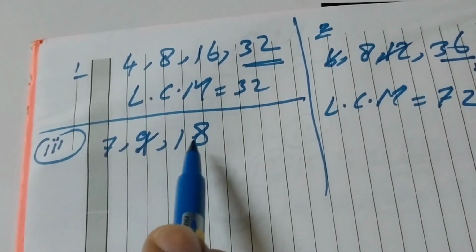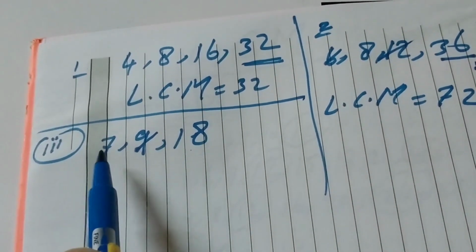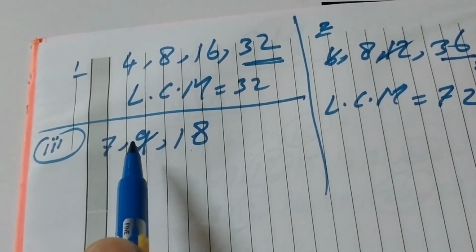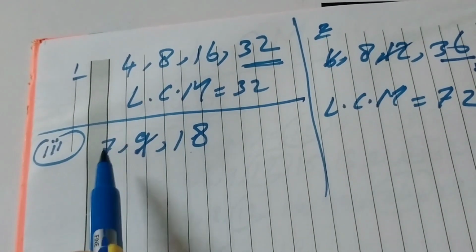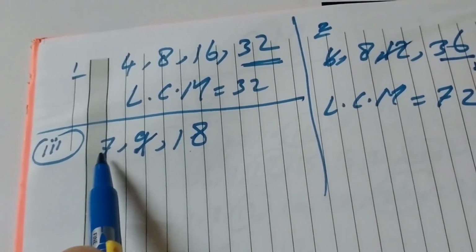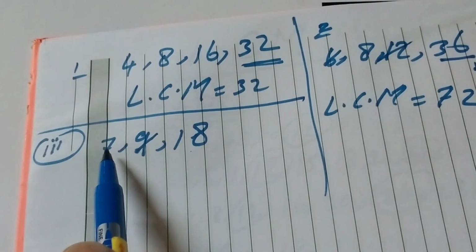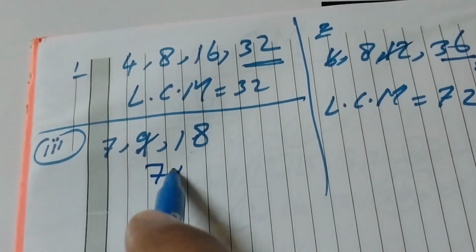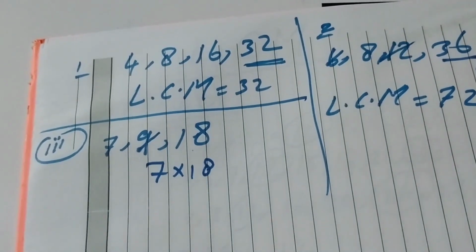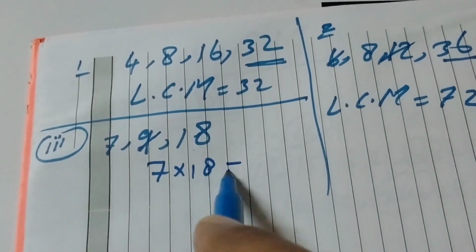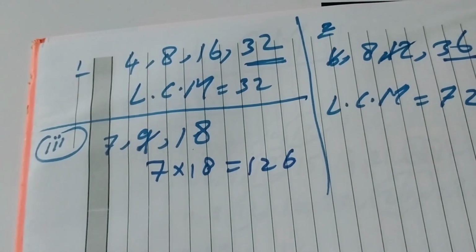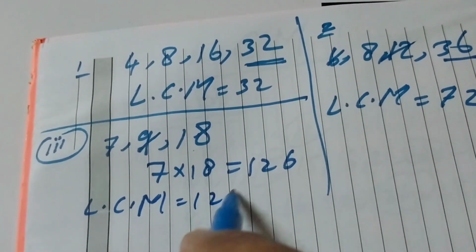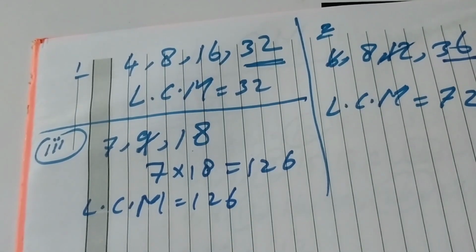If you multiply 18 by any number, you cannot get a multiple of 7. So it is very difficult. So the better technique is, if there is a prime number remaining, multiply the prime number with the biggest number. So that will be your answer, 126. So the LCM is 126. Clear, my dear?